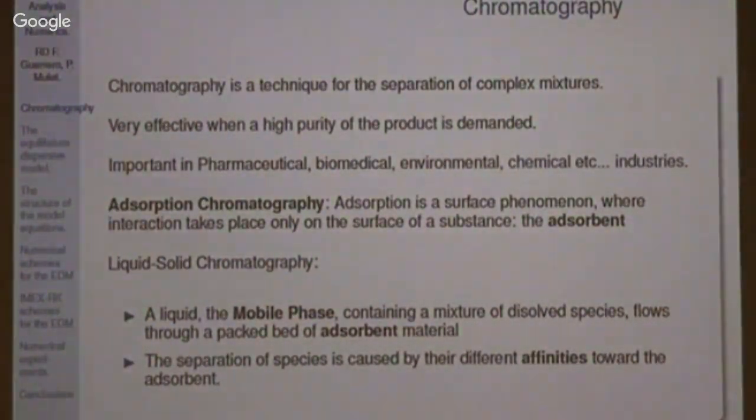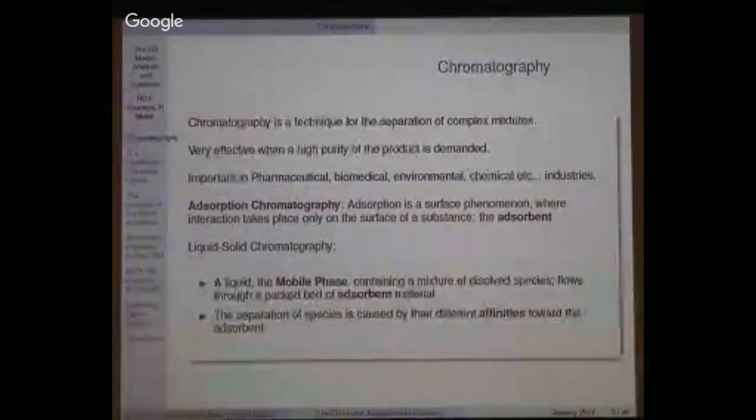Okay. What we're dealing with here is called adsorption chromatography. Okay. This adsorption is a surface phenomenon. So interaction takes place only on the surface of a substance, which is the adsorbent. More concretely, the experiments and the theory that I'm going to talk about concern liquid and solid chromatography.